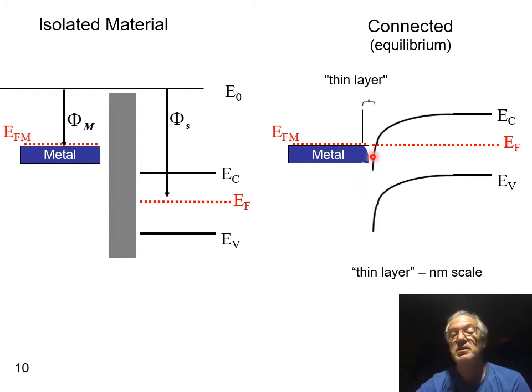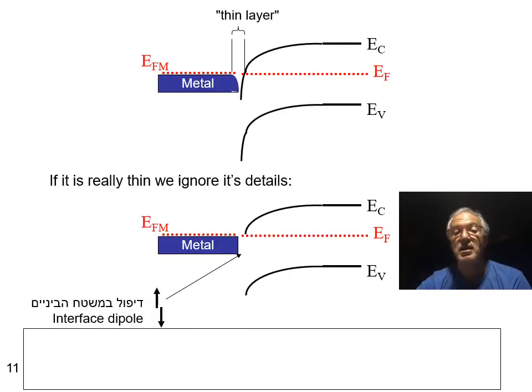And many times we ignore all these details of what's happening here. And what we do is we say that when we try to place the metal above the conduction level, or the same would be if we try to place it below the valence band, a dipole is formed, and the dipole is simply the charges that accumulated at this interface, which have left the metal.